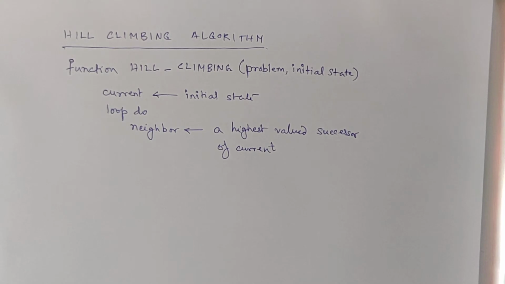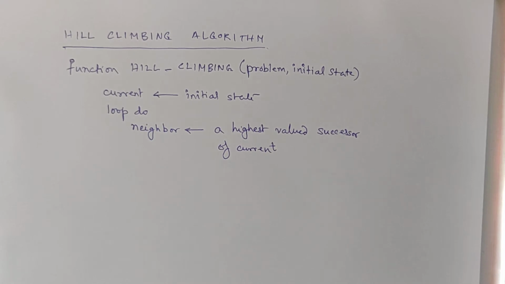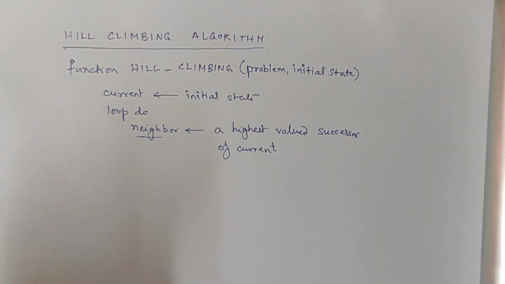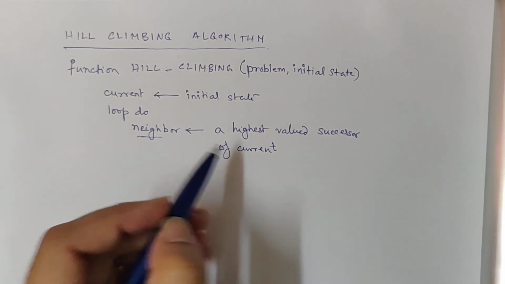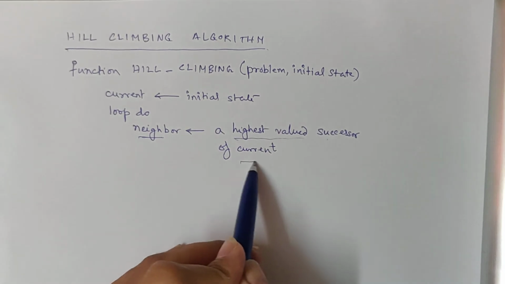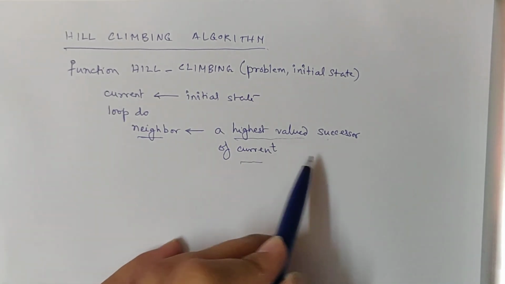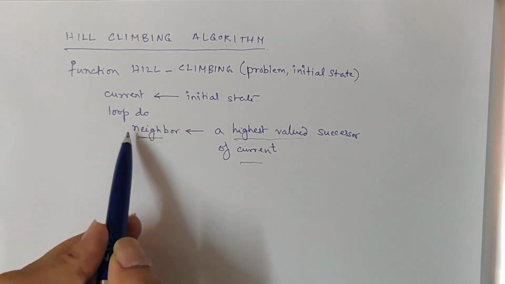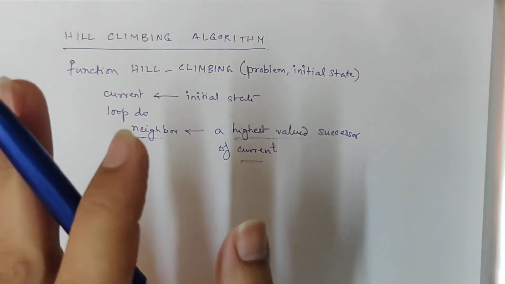We want to maximize our objective function, so we are looking for states which are more promising. Just notice, this neighbor is one highest valued successor of current, which means of all the successors of the current node, this node has the highest value.